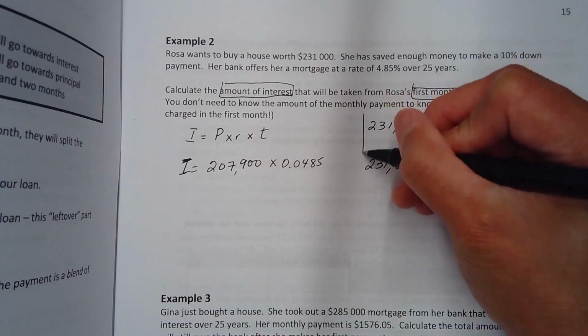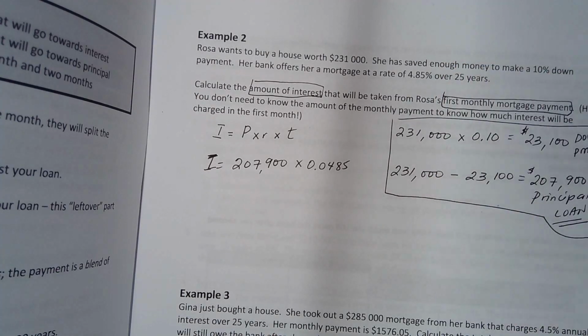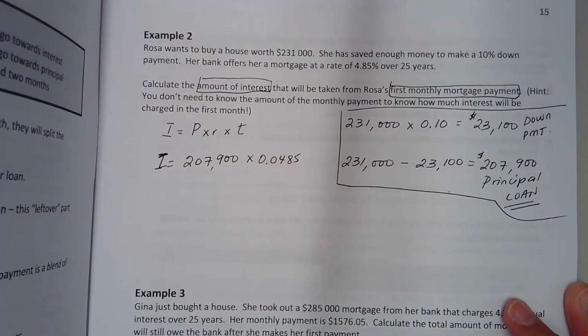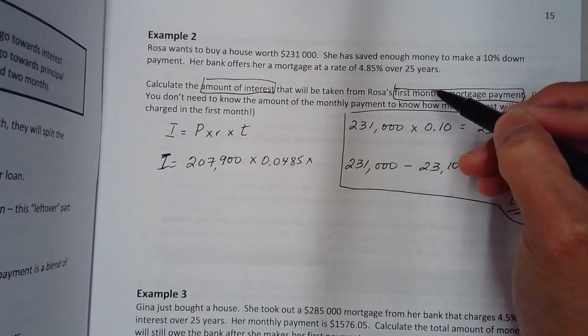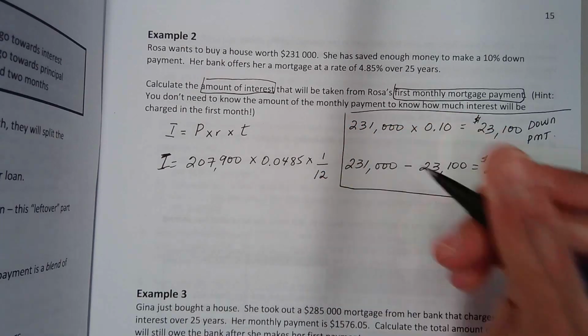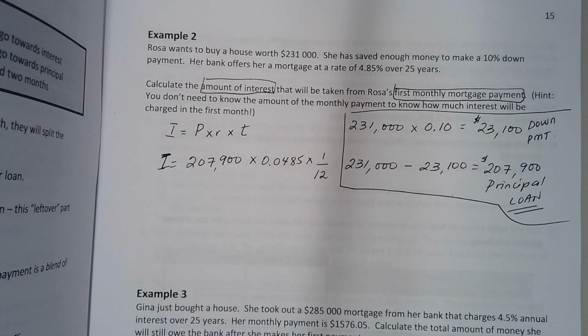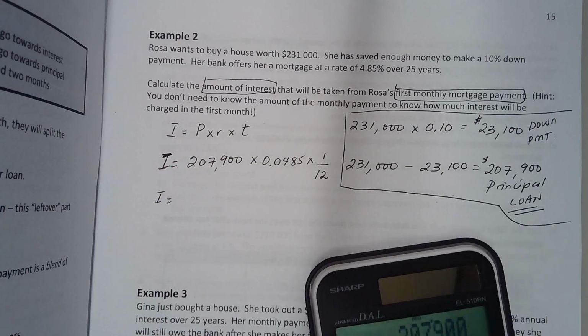Everybody knows how to do that? And then the time. It's got to be the first month, right? So it's going to be 1/12. So let's all go ahead and calculate that.